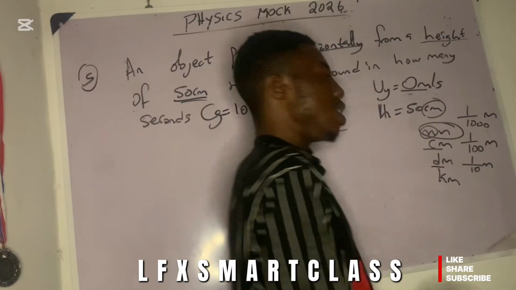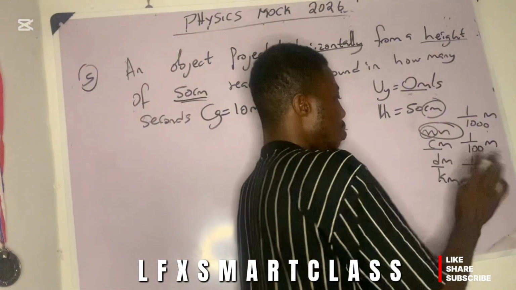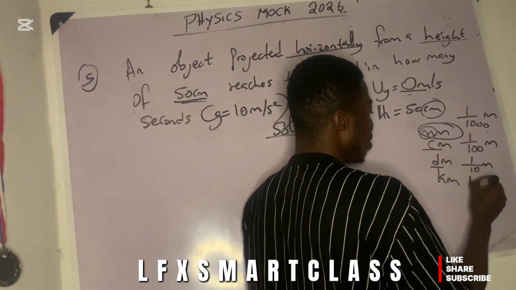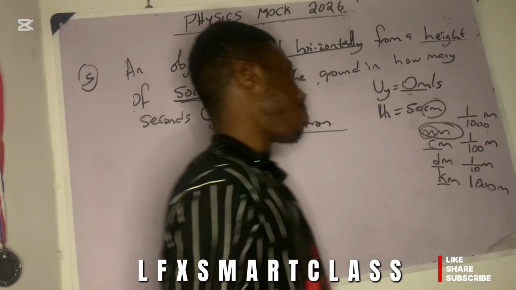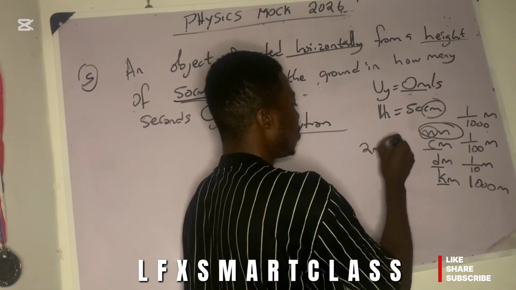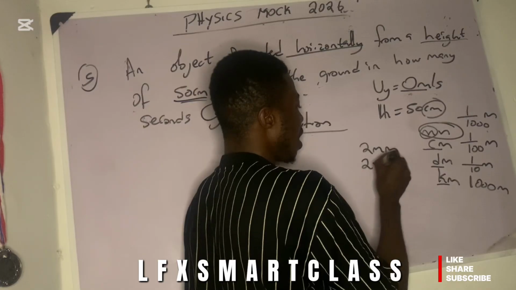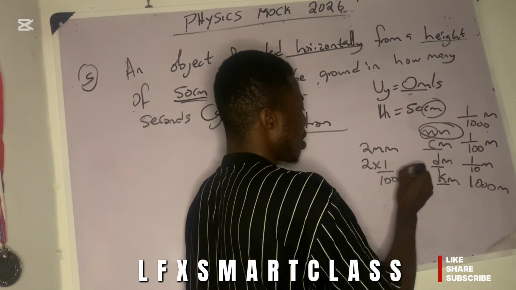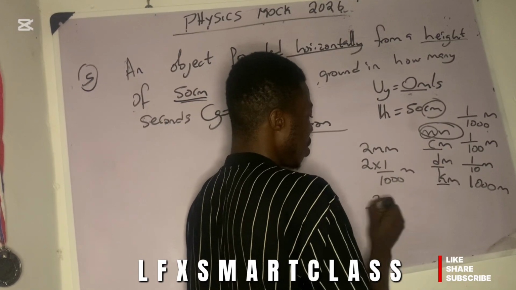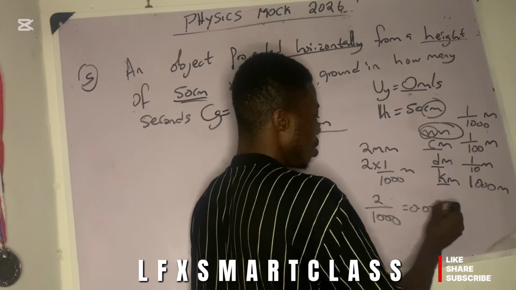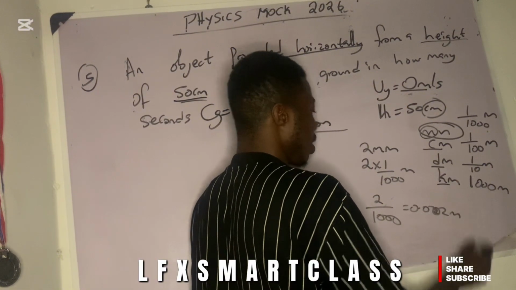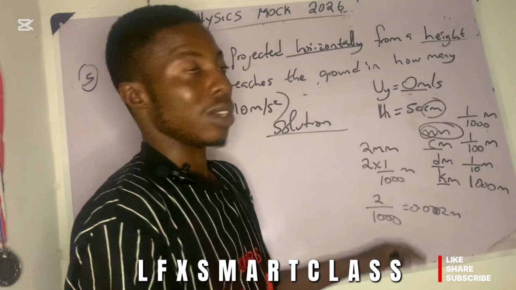Kilo is 1000, so anywhere you see kilo, it's 1000 meter. Let me give you an example. If I have 2 millimeter, it will be 2 times 1/1000 meter, so it's 2/1000. If you divide it, that's 0.002 meter. Have you seen what I did? That is how to do it.